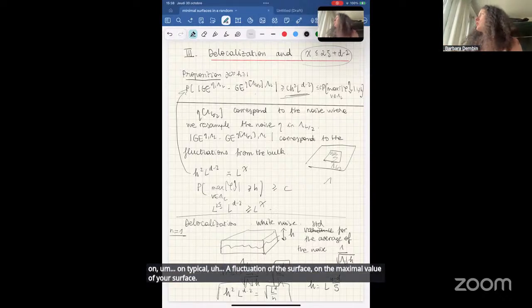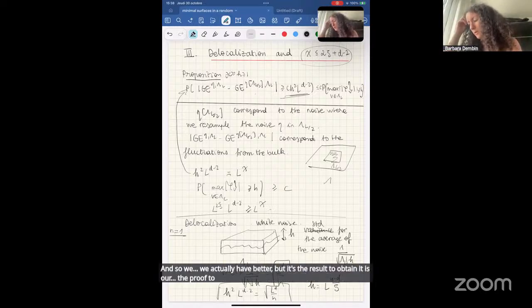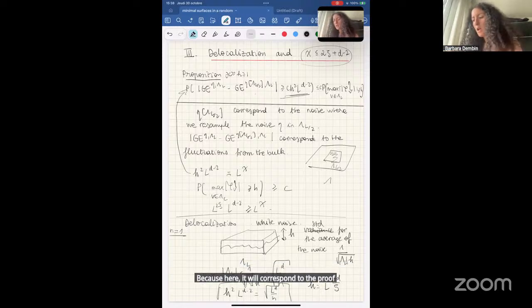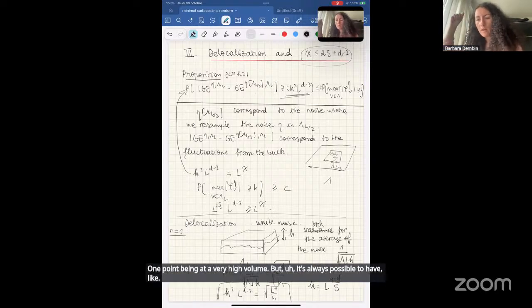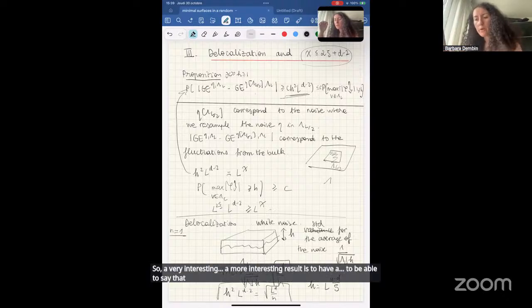And so we actually have better, but the proof to obtain it is a bit harder, because here it will correspond to the proof of having one point being at a very high value, but it's always possible to have isolated points that are at this very large value. So a more interesting result is to be able to say that there is a positive fraction of points of the surface that go above these values.